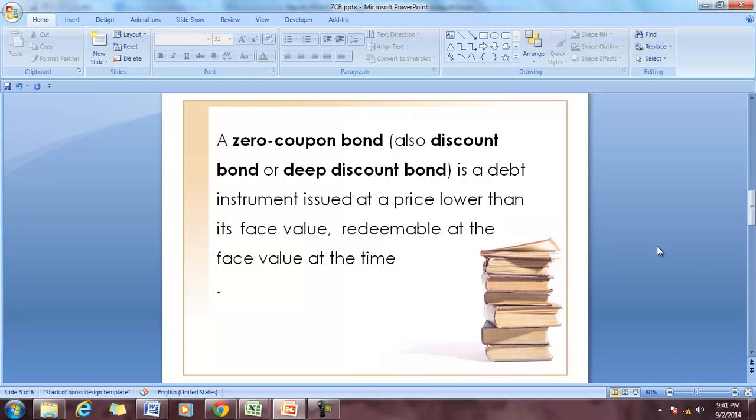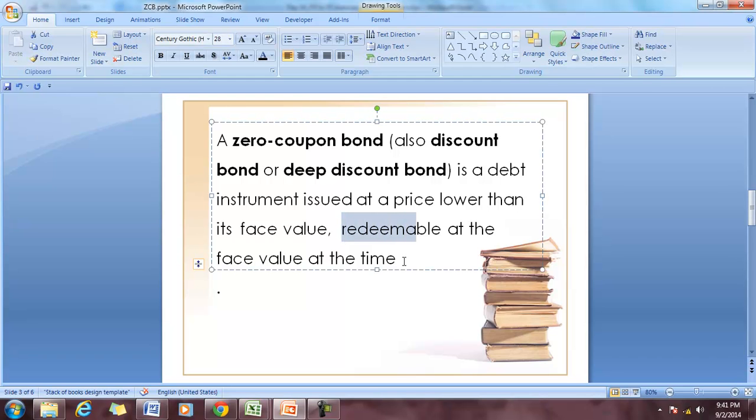A zero coupon bond is also called a deep discount bond. It is a debt instrument issued at a price lower than its face value but redeemable at the face value at the time of the maturity date.